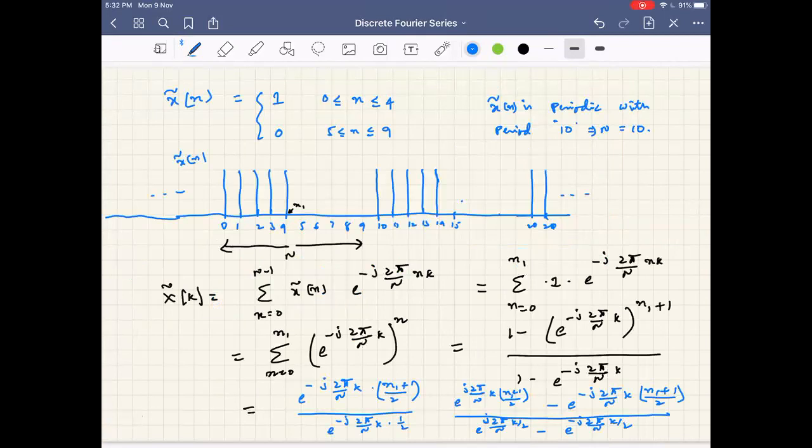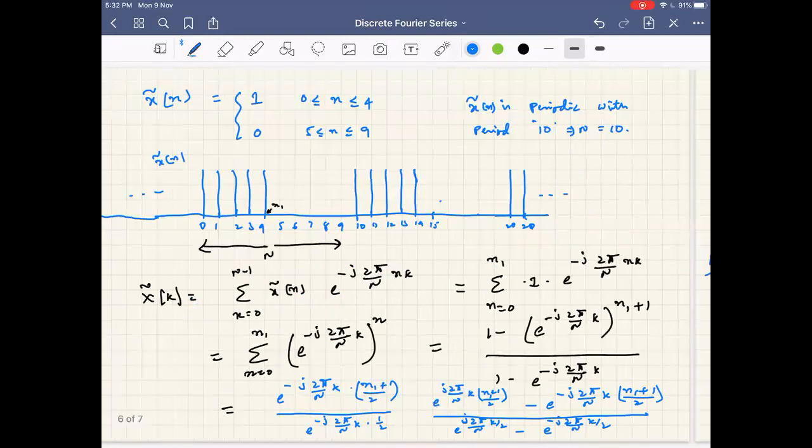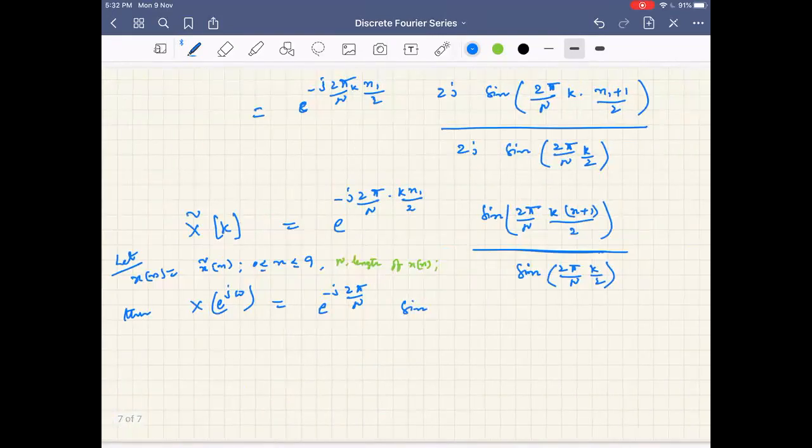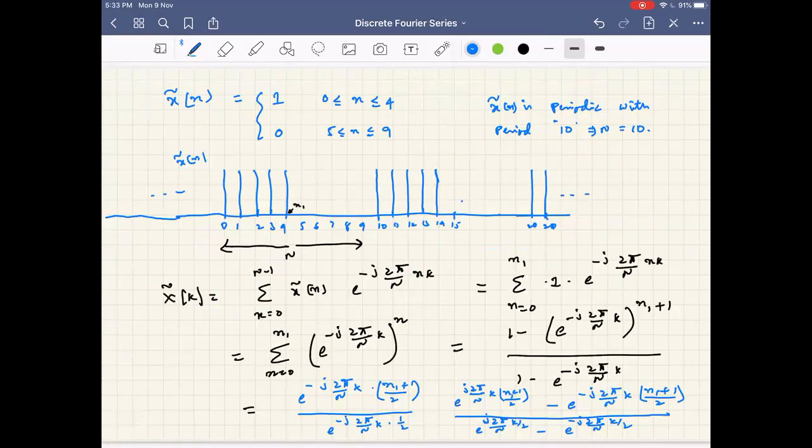Hence this 2 pi by N will be captured in omega, and k also gets captured. 2 pi k by N gets captured in terms of omega.